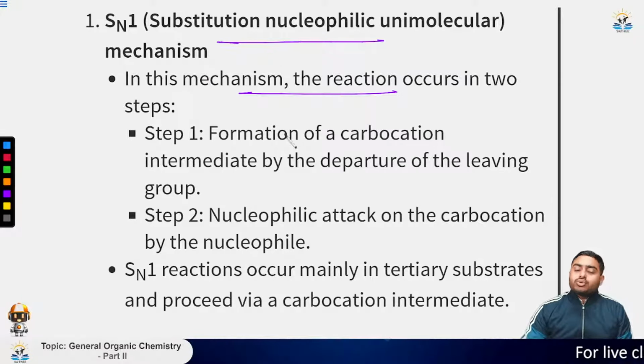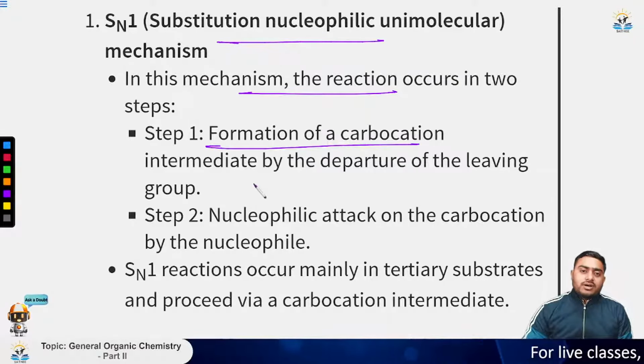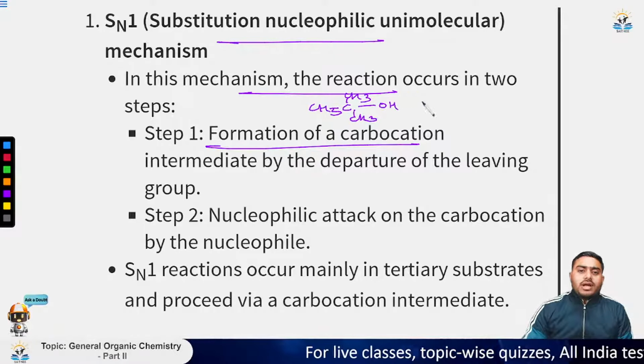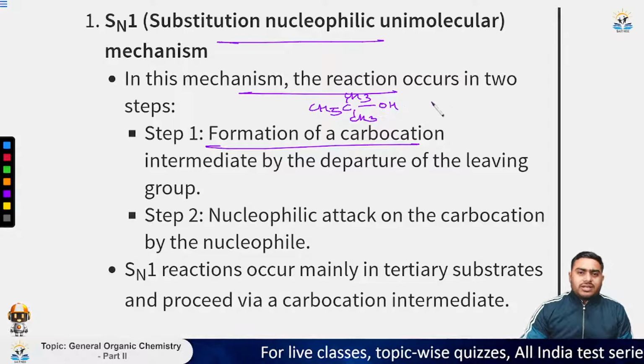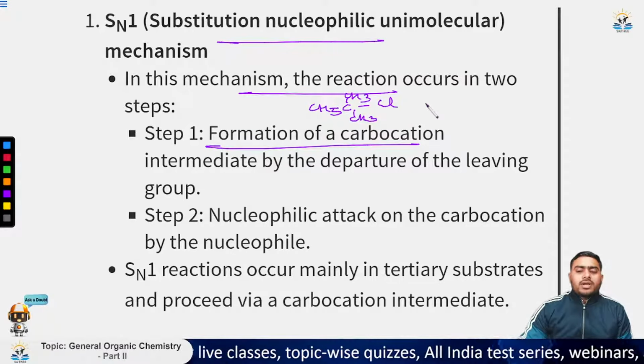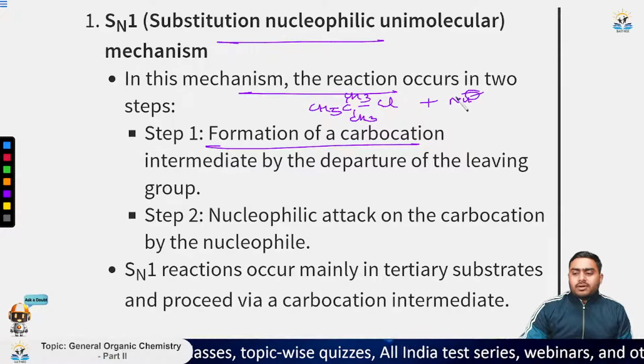The reaction occurs in two steps. First step is the formation of cation. Like you can see, suppose we have CH3 and CH3 attached with OH or Cl or anything, right? Let's suppose Cl, tertiary butyl chloride, and any nucleophile is coming.